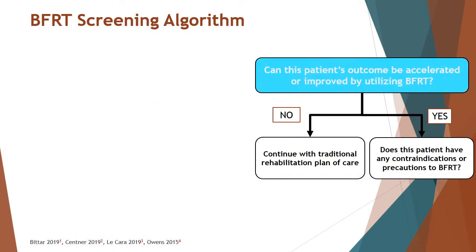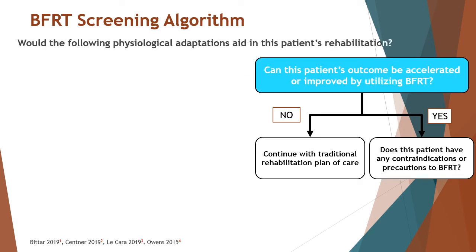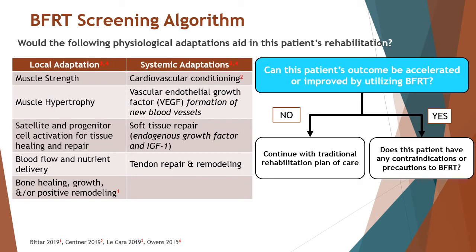So can this patient's outcome be accelerated or improved by utilizing BFR? Or the other way to ask this question, would the following physiological adaptations aid in your patient's rehabilitation? So you have local adaptations. Can they benefit from muscle strength, muscle hypertrophy, satellite and progenitor cell activation for tissue healing and repair?